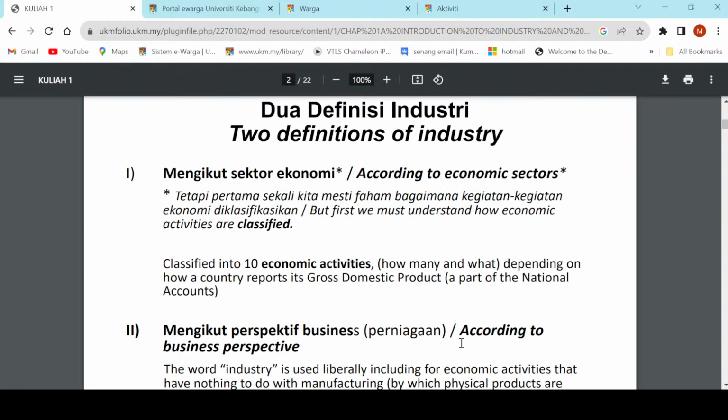All are industry, usually referring to the manufacturing sector.